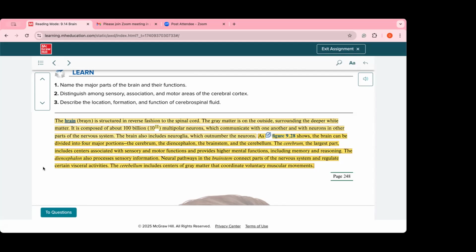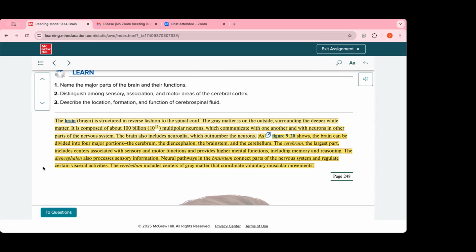Okay, so the cerebrum is the one that helps you with your sensory and motor function and higher mental function. That's the cerebrum. And the cerebellum is the voluntary muscle.